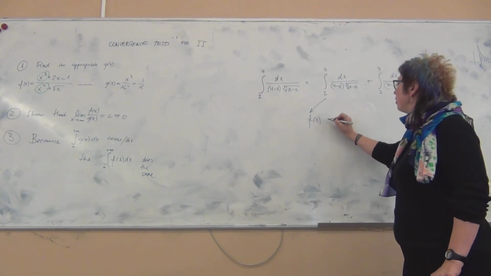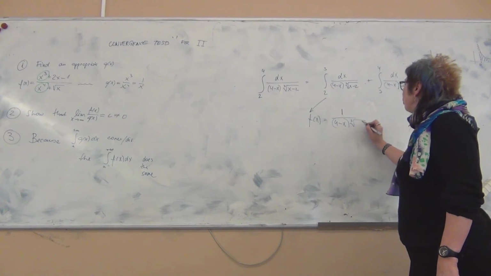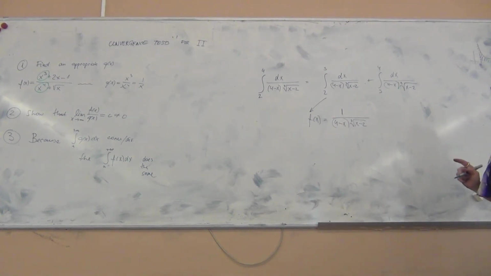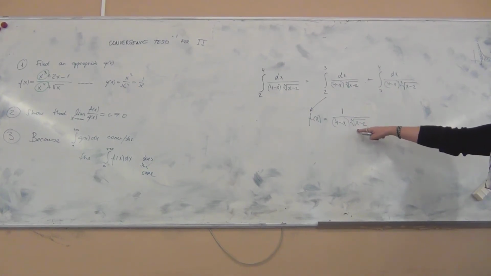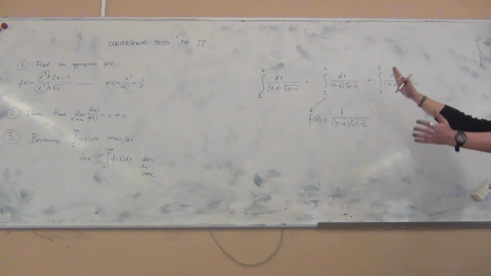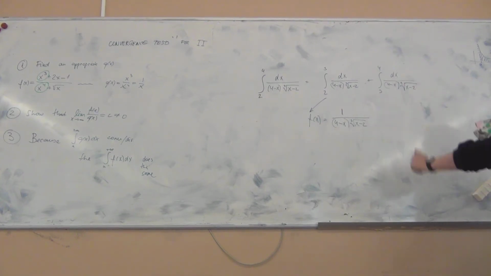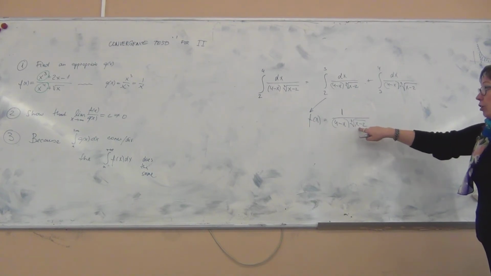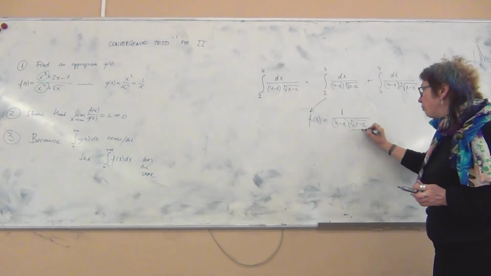The f function, therefore, is 1 over 4 minus x times cube root of x minus 2. In this case, 4 minus x is not dangerous at all, because we separated it and left it outside. The only danger might happen for this; this is the one that creates that infinity.